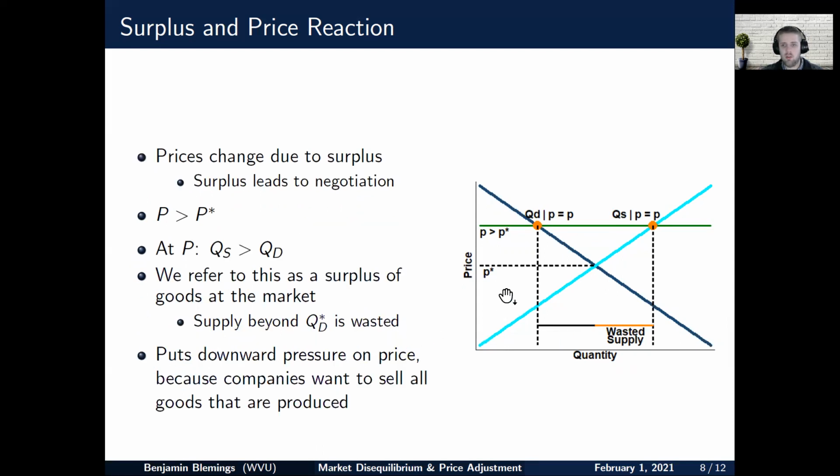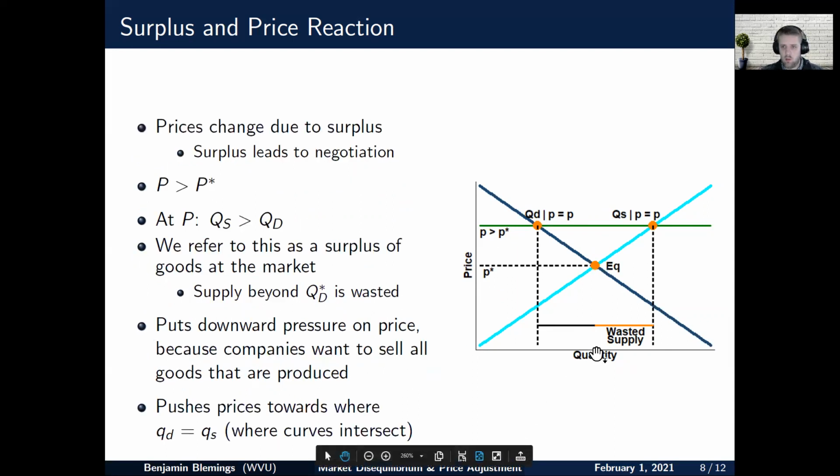And so this puts downward pressure on the price to come from P to P star, so that companies can sell all the goods that they produced, and they don't have to take a loss on the ones that they produced but can't sell at P. And so it pushes the prices towards this equilibrium P star, and equilibrium quantity supplied and equilibrium quantity demanded.